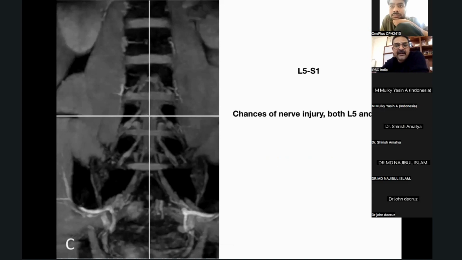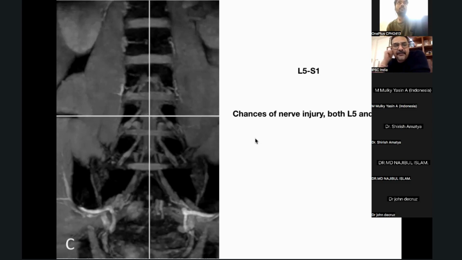As we mentioned, L5 takes a more vertical course and is closer to the disc. The S1 root is also coming out of the dural sac and taking a lateral approach here. So we have less working space at the L5, S1 level, and over and above that, if you have disc degeneration, there is thinning of the disc. In those cases there are good chances that you may damage the nerve. So you have to be very, very careful if you're doing a transforaminal approach at L5, S1.